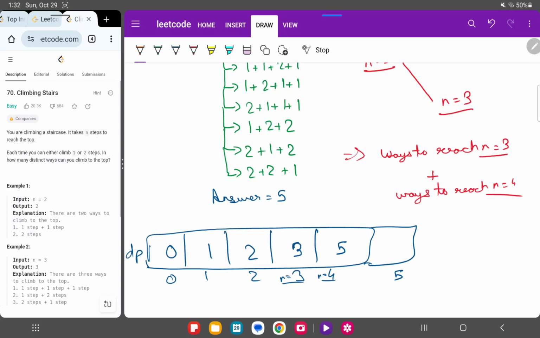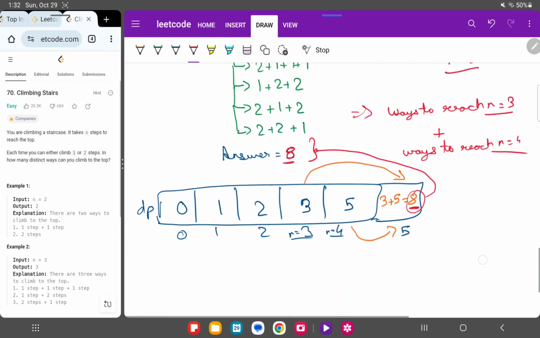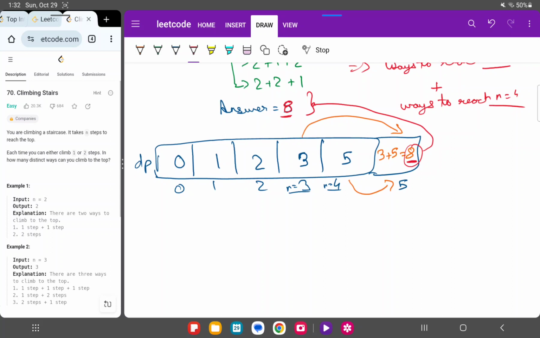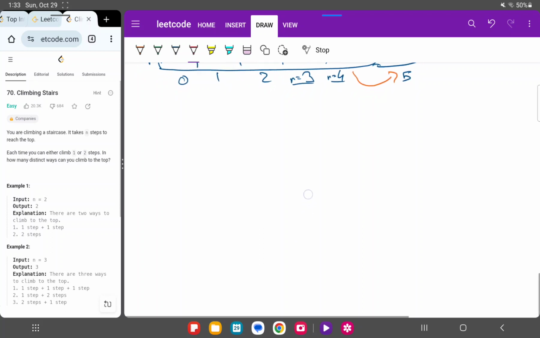So for n equals 5 we need to calculate how many ways we can get from n equals 3 and how many ways from n equals 4, which is 3 plus 5, that is 8. Does this verify what we have calculated here? Notice that this value is 8, not 5, my apologies for that. So these are the same values, the value that we computed by going through all test cases, and the value that we computed using our recurrence. Now we define the heart of the algorithm for the dynamic programming approach, which is essentially this.